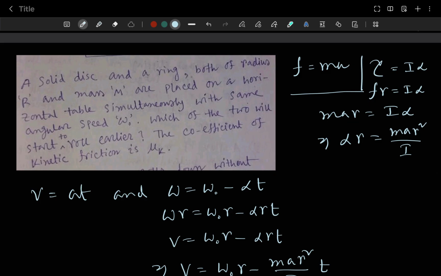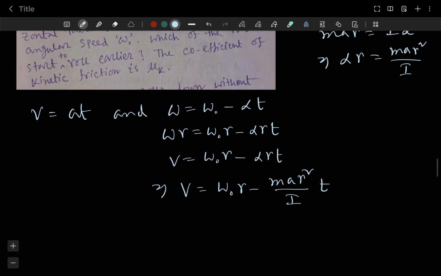Okay. So we will have now a t equals V, right?